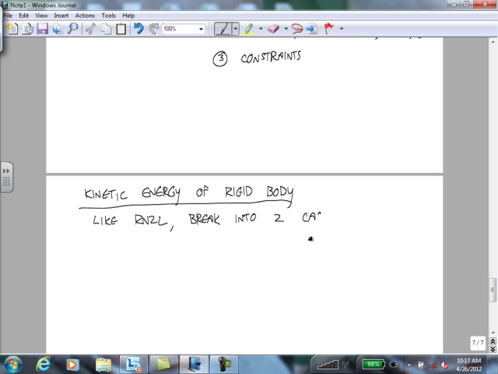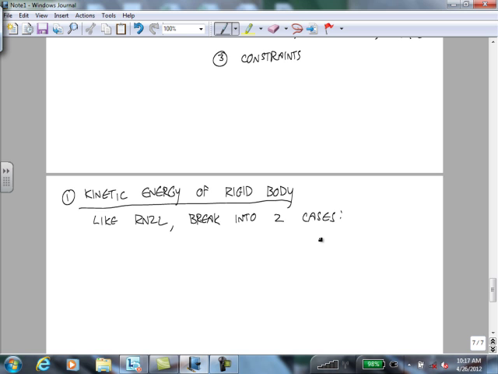Let's number this 1 to match the 1 up above. So this number 1 is everything that we're going to talk about, kinetic energy of rigid bodies. Then we'll move on to number 2 and talk about work.